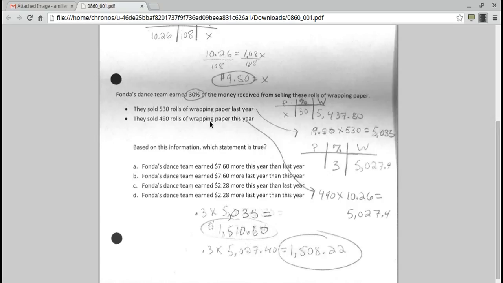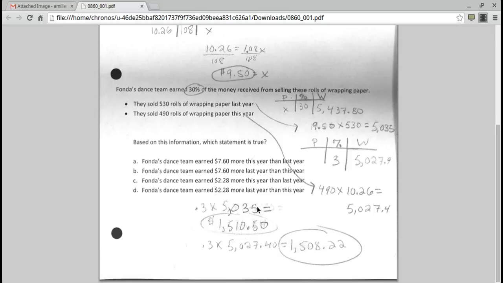Now I need to find the amount they made this year. It's the same process. There are 490 rolls, and they're each sold at $10.26. And so I do 490 times $10.26, and I end up with $5,027.40. Again, this is the amount that they made from selling the wrapping paper, but they only get to keep 30% of it.